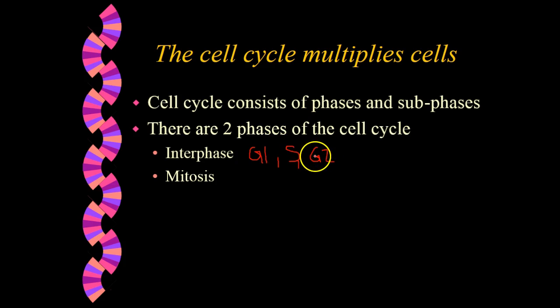Mitosis, like I've talked about in class, is made up of P, M, A, and T: prophase, metaphase, anaphase, telophase. So we have gap 1, synthesis, gap 2, prophase, metaphase, anaphase, telophase, and then we have the last event, cytokinesis, which we've talked about before.